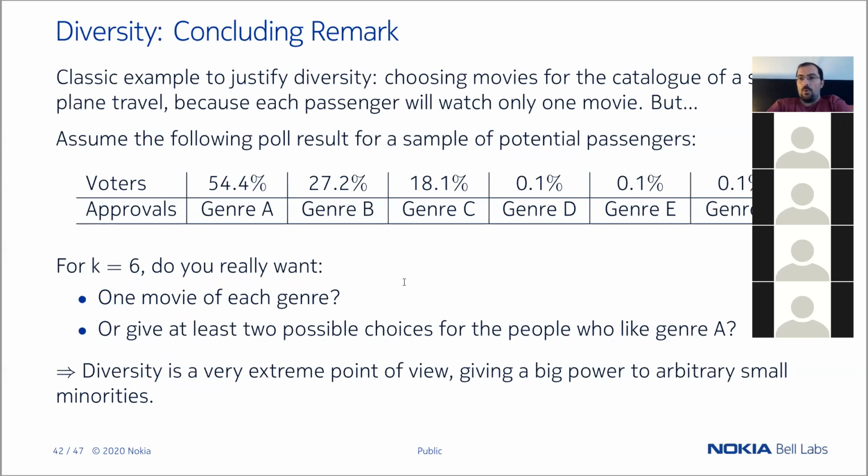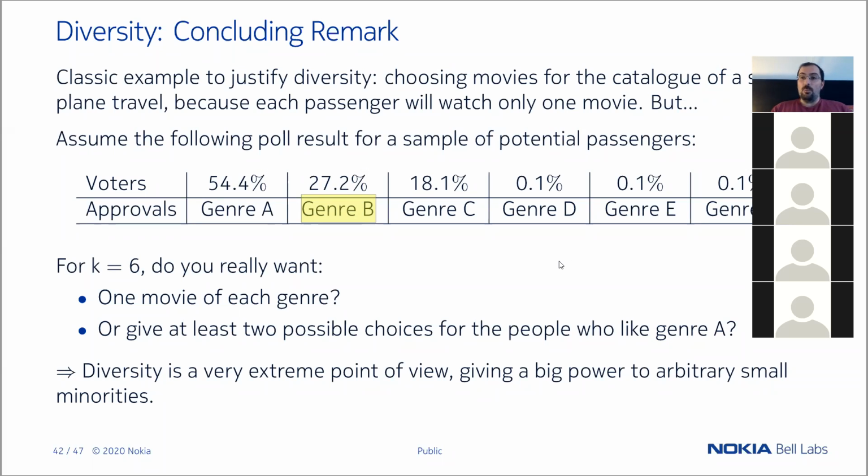So, okay, I am a plane company and I do an opinion poll with the potential travelers, and I have these results. I have many people who like genre A, a bit fewer people who like genre B, and so on and so on. So let's imagine now that you want to put 6 movies in your catalog.